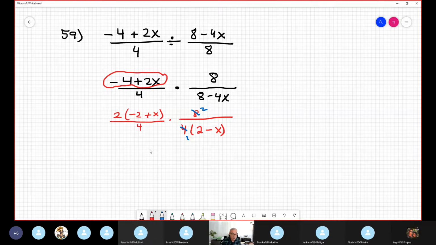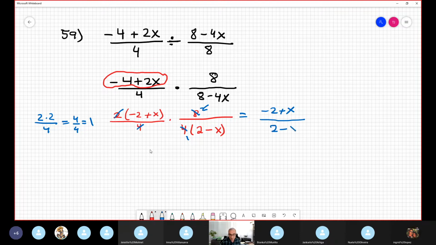So 2 times 2, in my mind, this blue 2 and this red 2 together divided by 4 is obviously 1. So you can cancel that, this, and this. The non-numerical part. Okay? And we have negative 2 plus x, I delete the parentheses because I stay only with this expression divided by 2 minus x.